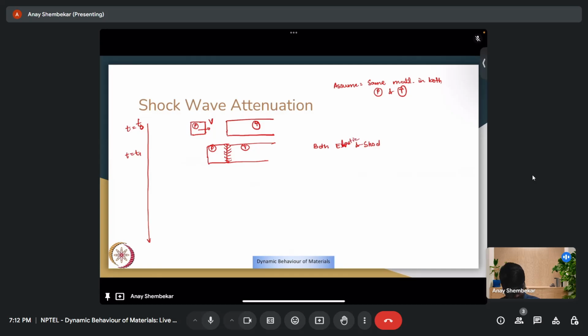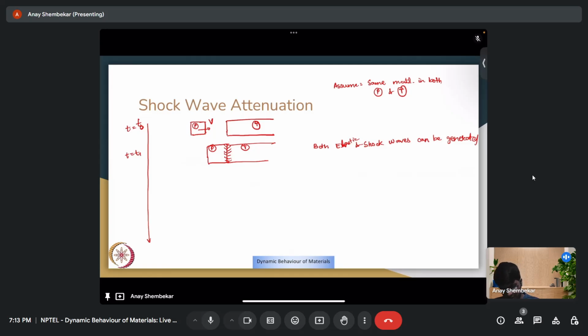Elastic and shock waves can be generated. Again, it's dependent on the velocity v, but usually, since we are looking into shock waves, we'll assume that velocity v is sufficiently high to generate both elastic and shock waves.